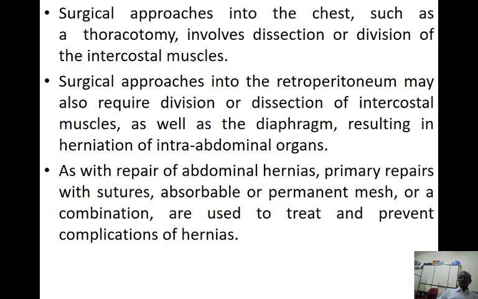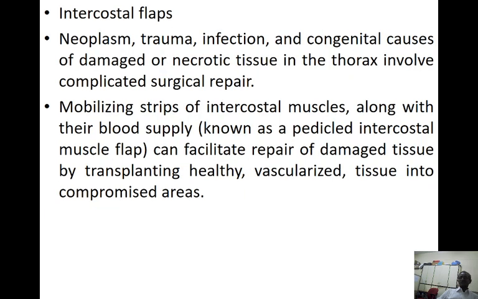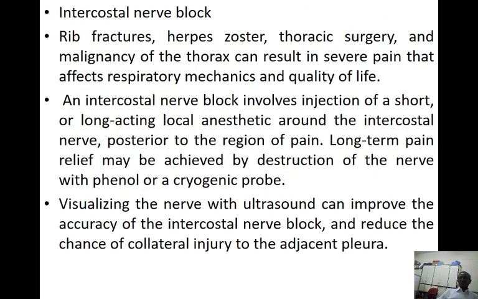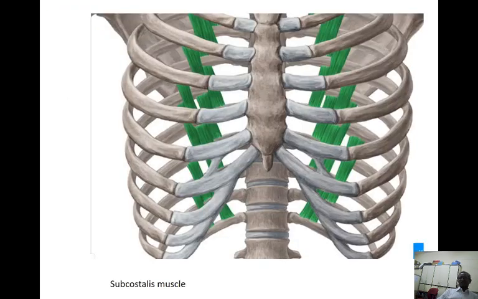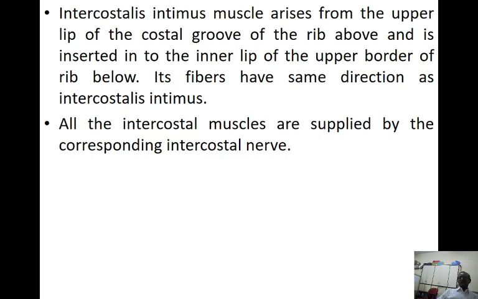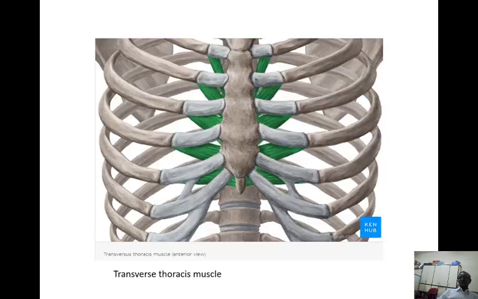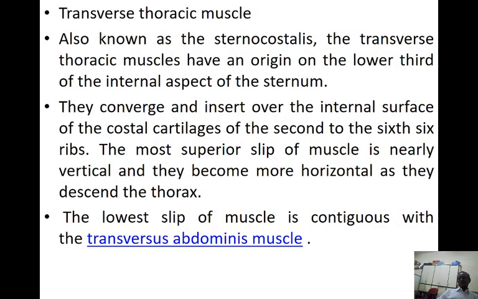And these intercostal muscles are preventing blowing out or sucking in of the intercostal spaces during respiration. And of course, the subcostal muscle, the innermost intercostal muscle and the transversus thoracis muscle are all parts of the innermost intercostal layer, and they are joining the muscles of the abdomen.